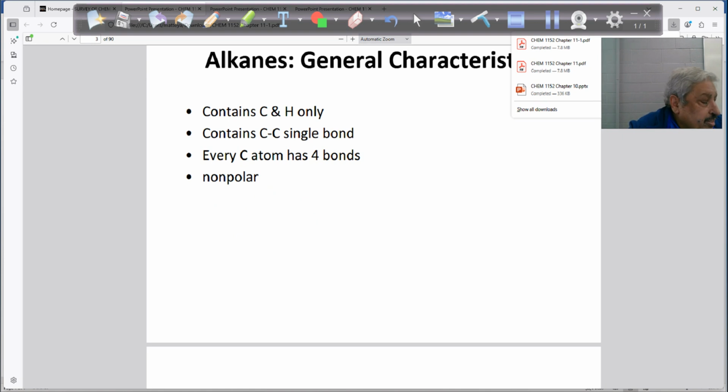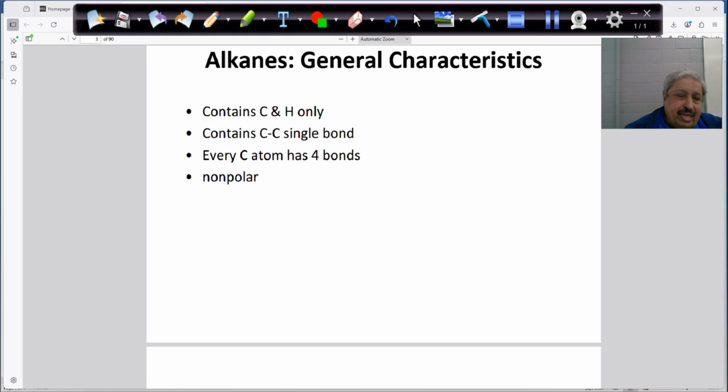The geometry is tetrahedral, correct? And they have single bonds. Now the general formula is CnH2n+2.